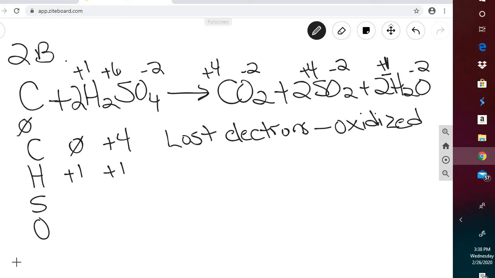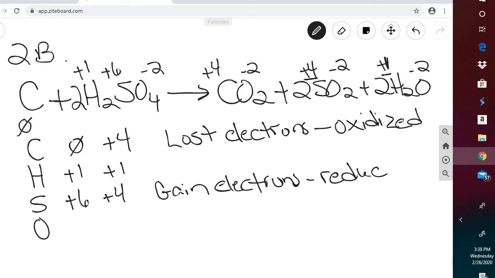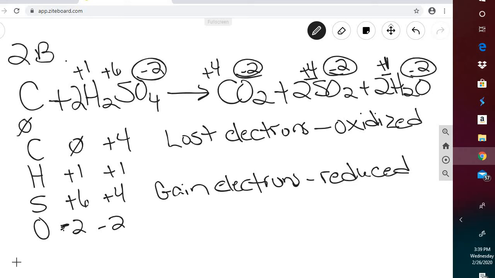So nothing happened to the hydrogen. The sulfur went from +6 to +4. So the sulfur gained electrons. So that means that it was reduced. And then the oxygen stayed at -2. So it was -2 on the reactant side, and it's -2 here and here and here on the product side.